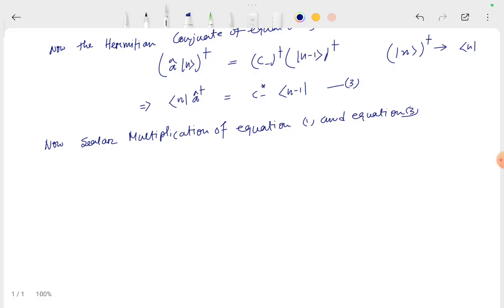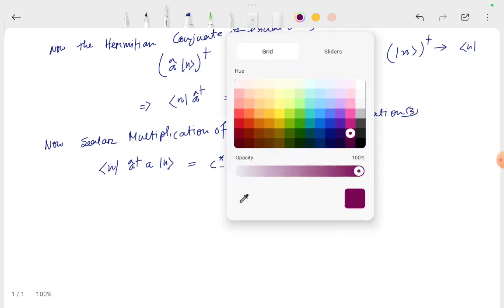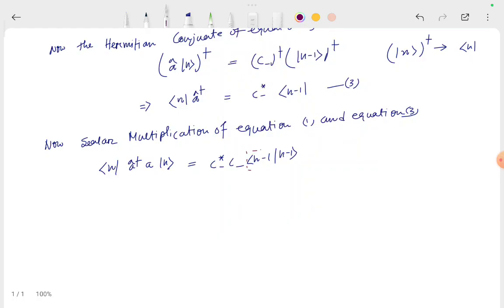Then what do we get? Bra n a cap dagger a cap ket n equals c minus complex conjugate, c minus, bra n minus 1 ket n minus 1. This part gives you the value 1.